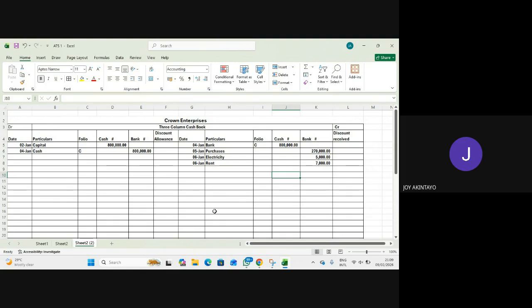Okay, we are receiving 12,000 naira from our bank. So let's go. What's the date? Seventh. What is our date? 7/1.